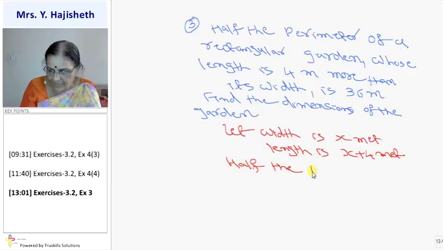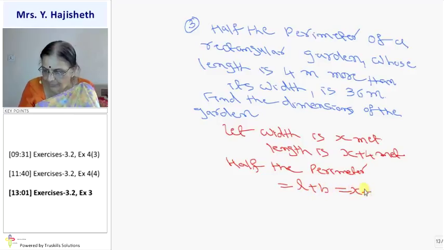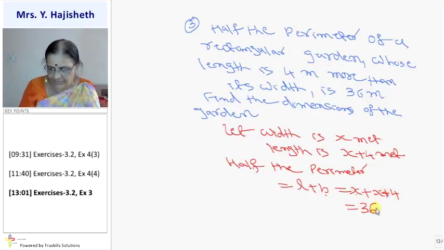Half the perimeter of a rectangular garden is nothing but L plus B. B is x, L is x plus 4. So it is x plus x plus 4 is 36.